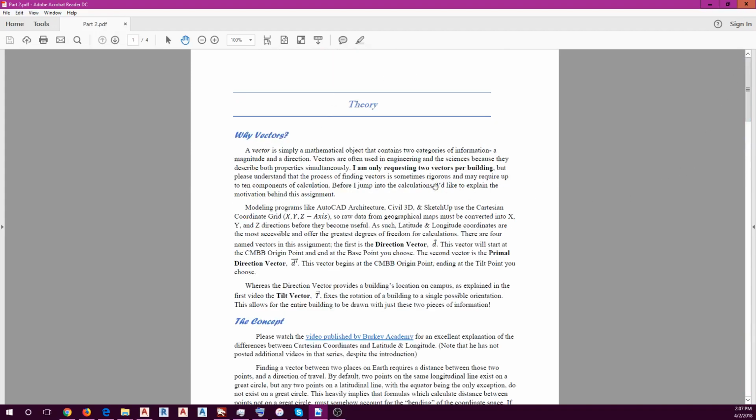I will give this file to Anka, and she can post it on Canvas, or I can send it in a blast email, and you can have access to this as well. For those who are choosing buildings that are on the CORS map, this is the final video that you have to watch. For those who want to choose a more difficult assignment, I'll see you in the next video.